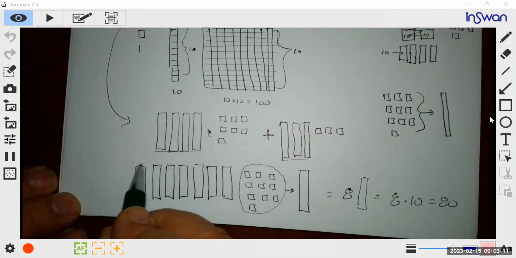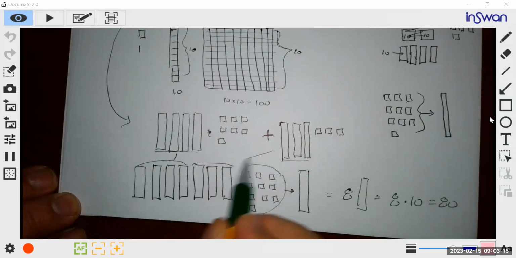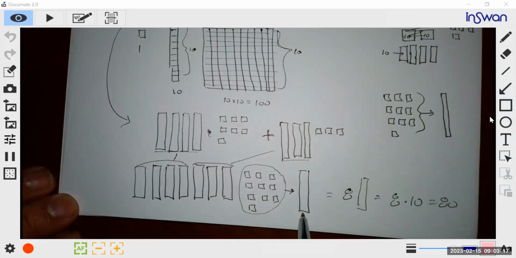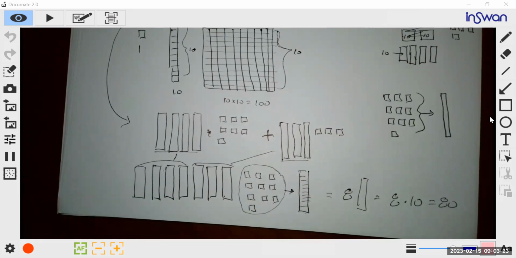So this is my 4 from that one, my 3 from that one. And this one, once I have 10, I can make a bar. That's how you teach kids how to use manipulatives. It works great with addition or subtraction.